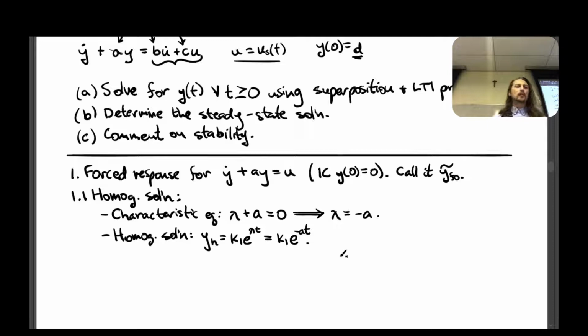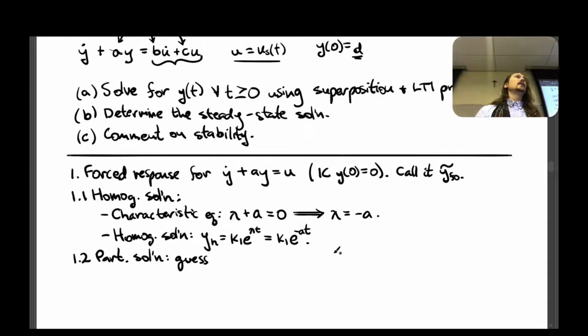Okay, so we're ready now for the particular solution, 1.2. We'll use our usual method of undetermined coefficients. So we'll guess a solution based on the form of the input.